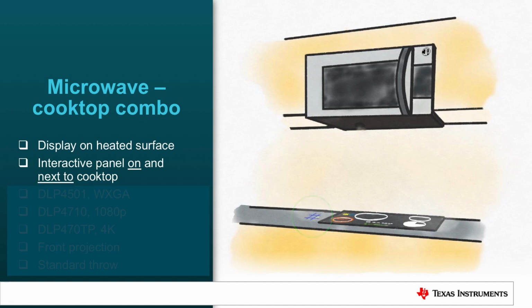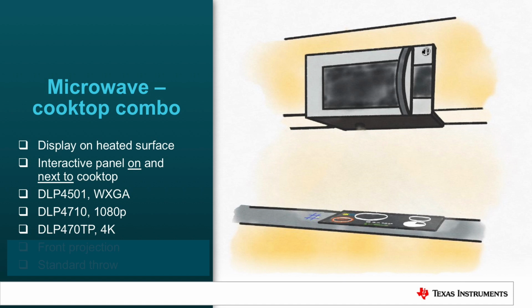The resolution for this one could range between wide XGA or 720p with a DLP4501, or 1080p or 4K with a DLP4710 and DLP470TP. The optics architecture for this one is using front projection and standard throw.